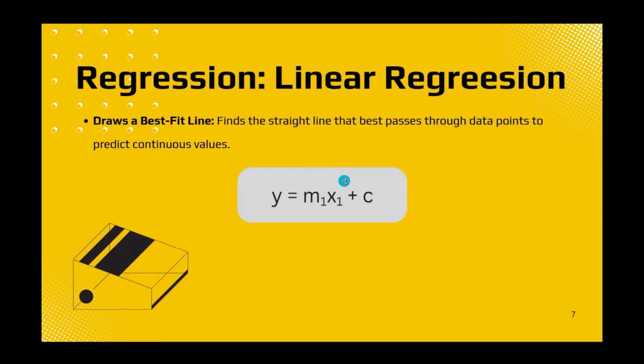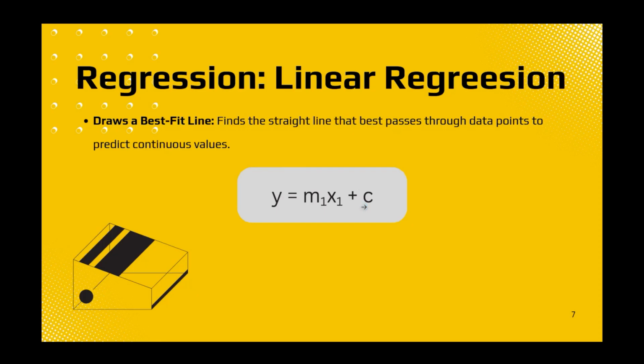It tries to draw a best fit line, meaning a straight line that passes through the data points to predict continuous values. Here, y is the predicted output, m is the slope, x is the input value, and c is the intercept.